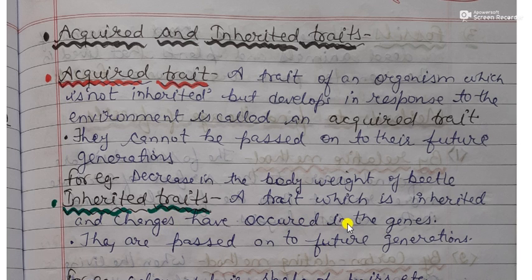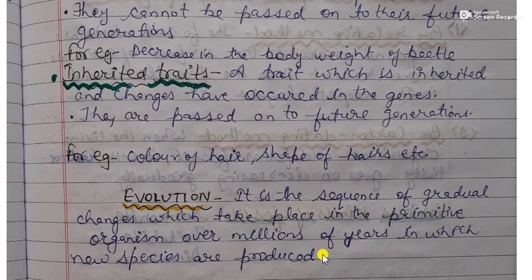Inherited traits are the traits which are inherited, where changes have occurred in the genes. जिन changes में genes के level पे changes involve होते हैं, that is known as inherited traits. So ये traits one generation से next generation pass on होते हैं. They are passed on to the future generations. For example, color of hair and shape of hair.